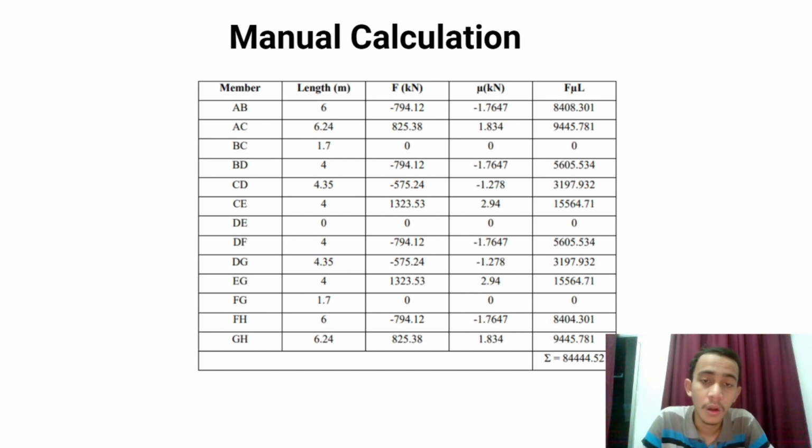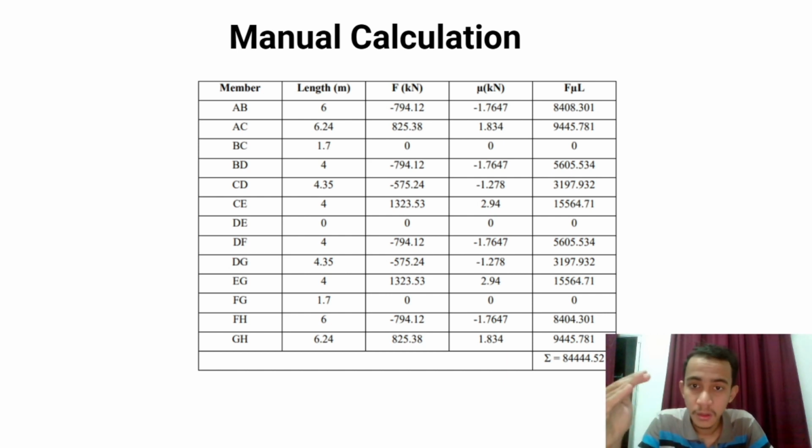After we calculate all internal forces for each member in the system and mu for all members in the system, we put them into the table, and we need to find for each member the internal force multiplied by mu and length. So we need to find it for AB, which is 84008. For AC is 9445.781.